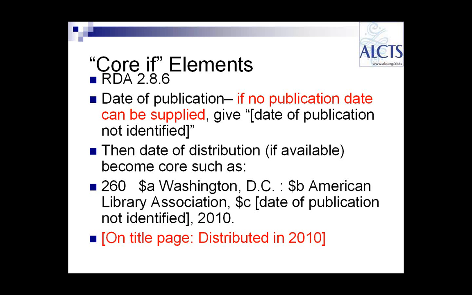And then you would give the date of distribution if available. And so that would become a core element. In the example on the screen, the date of publication was not available or not identified, and so the date of distribution was given. Because you can see in red here on the screen, the date on the title page was the distribution date, distributed in 2010.